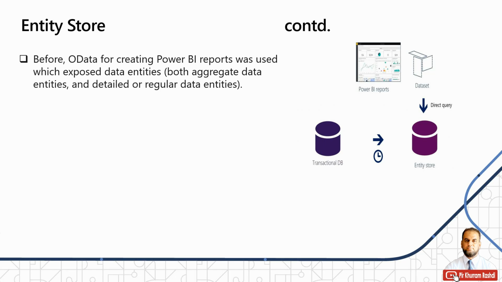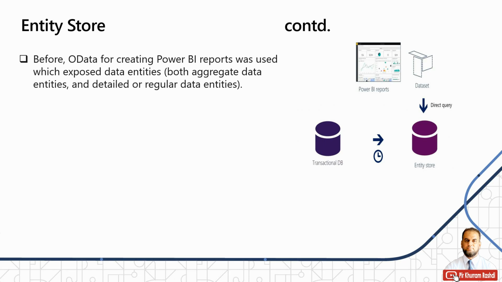Data entities were normally aggregate data entities plus the detailed, or regular, data entities. Aggregate means there are different formulas for aggregation of data, like sum, minimum, maximum, and detail means the transactional one.